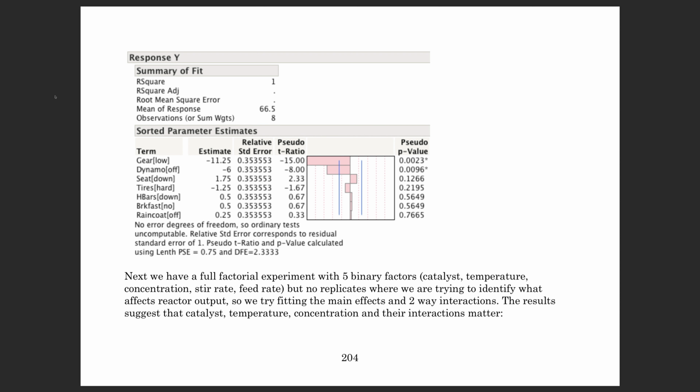This is a full factorial experiment with 5 binary factors, but no replicates, where we're trying to identify what affects the output of this reactor. So we're going to try fitting the main effects and the two-way interactions. So let's have a look at what results we get here.